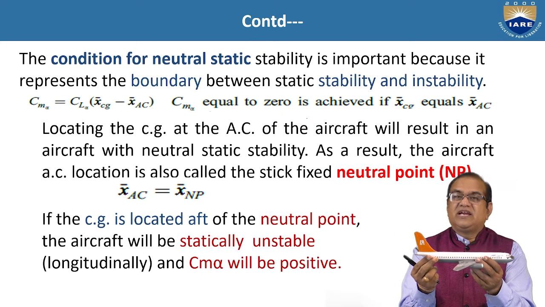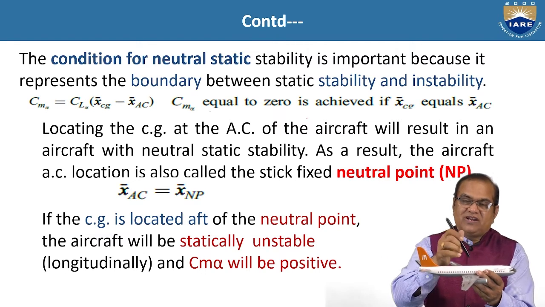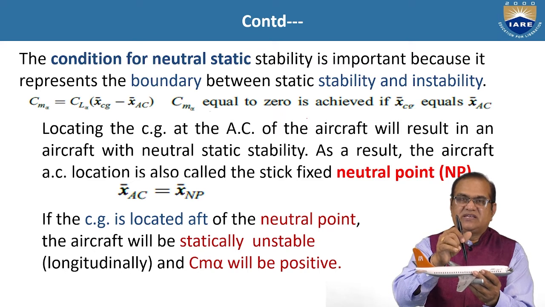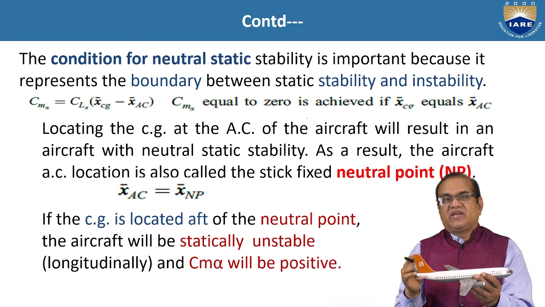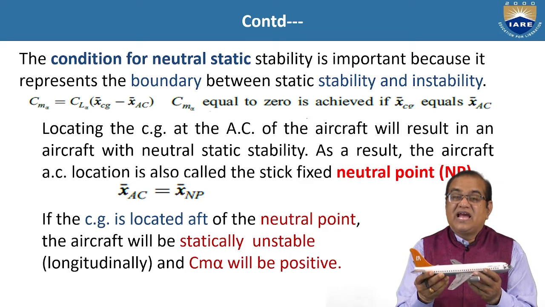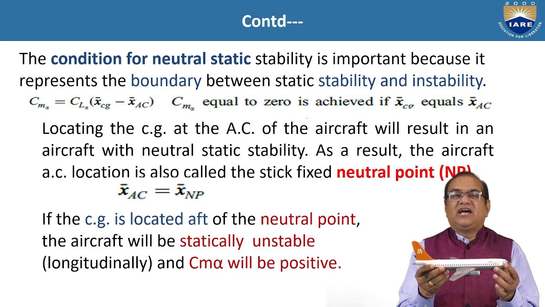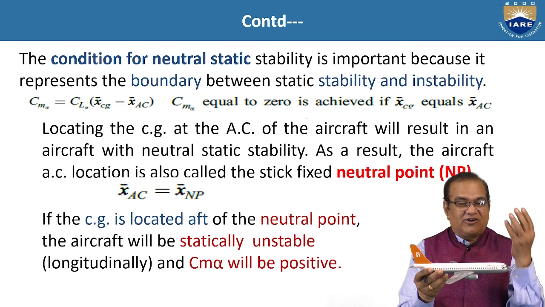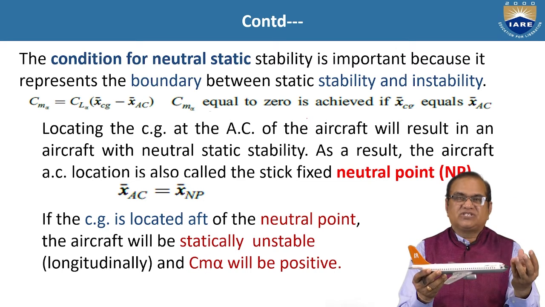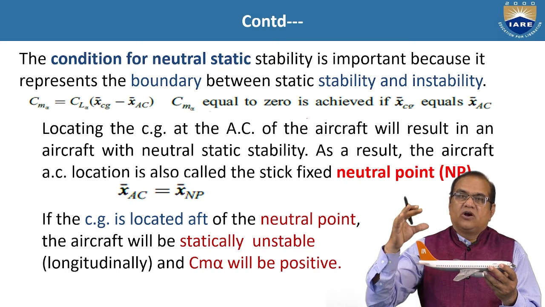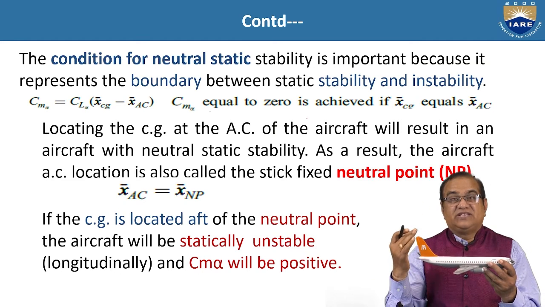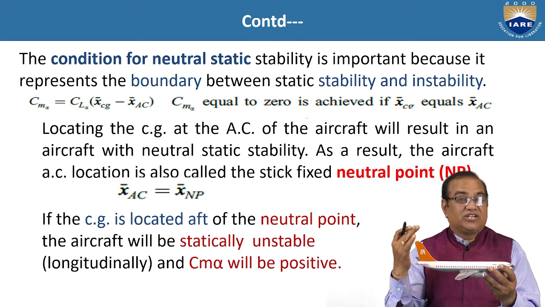In this condition, it will be pitched down. Whenever the center of gravity reaches the aerodynamic center, the aircraft will be neutral. When the aerodynamic center and the center of gravity are overlapping each other, that position is called the neutral point.